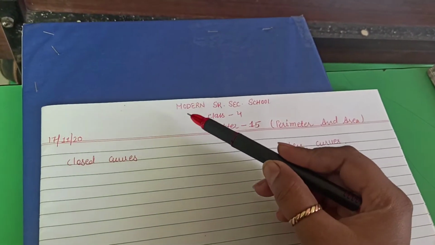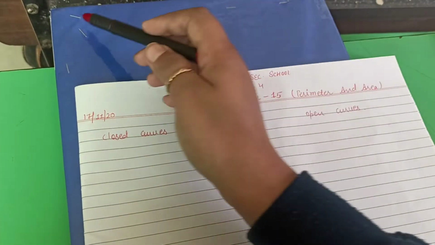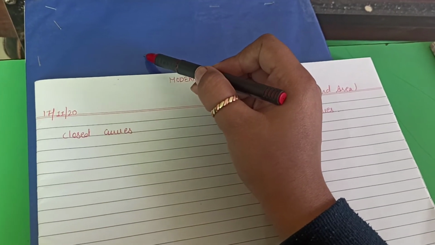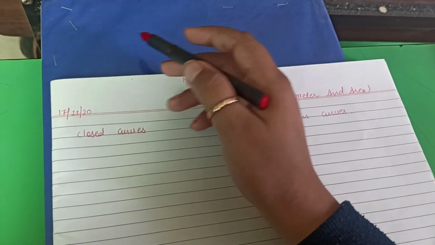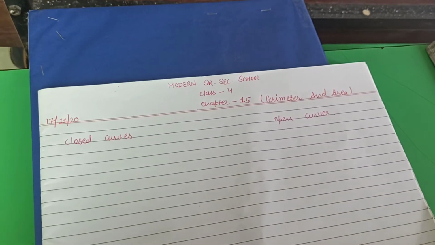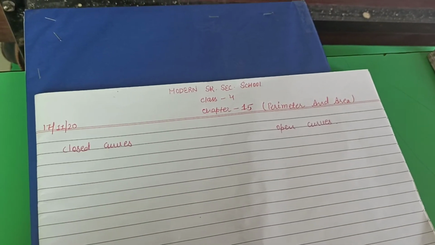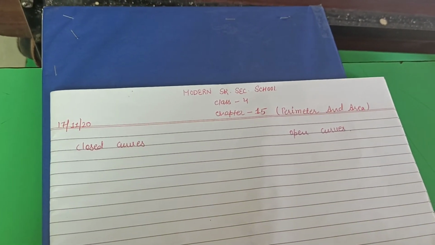Only outer boundaries. Inside, you don't have to multiply or add anything. Just add the length of the outer sides, that is perimeter. And when we are multiplying and adding the inside area also, when we talk about the inside, beta, then what do we get? That is the area. Clear? So the difference between area and perimeter is clear to everyone. Perimeter simply means sum of the outline, or you can say the boundaries. Just only the outer boundaries.